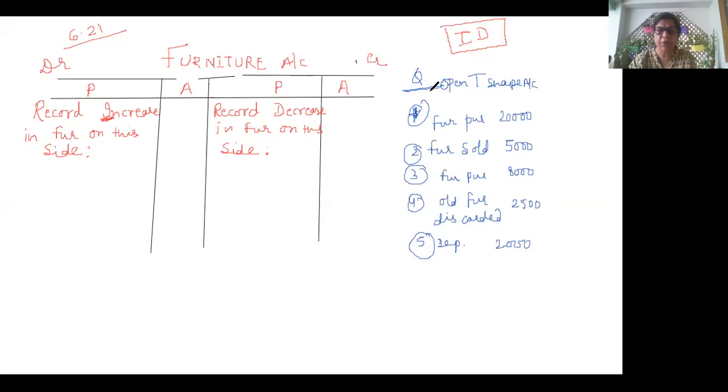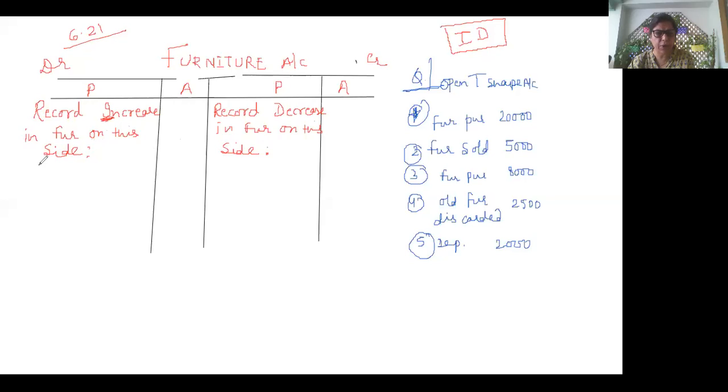Now see, when we have to fill that part in the question, or we can say in that format, we can follow one method only, that is the ID method. I means increase this side, decrease this side.